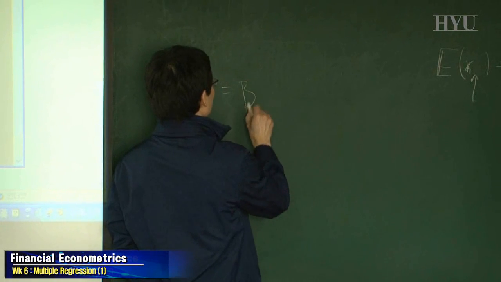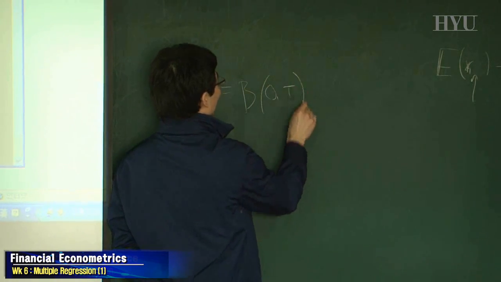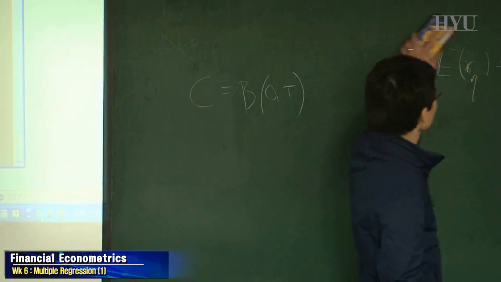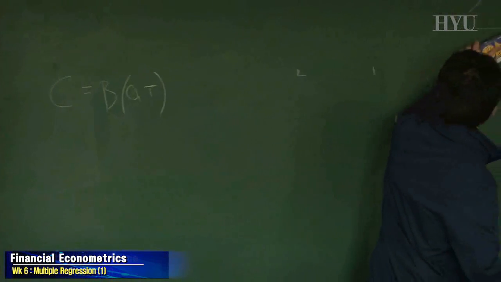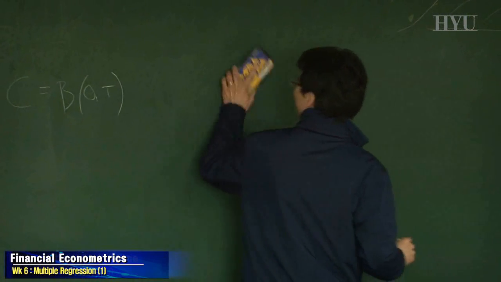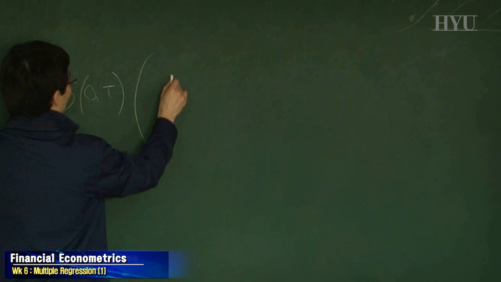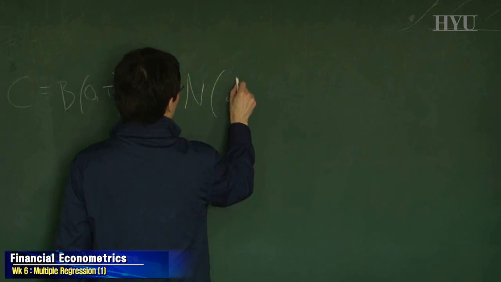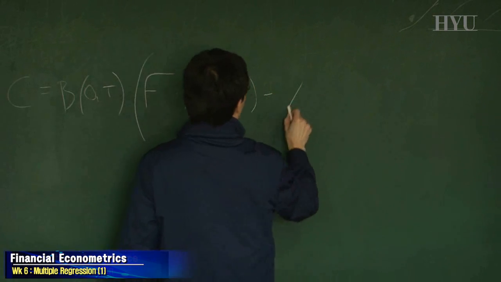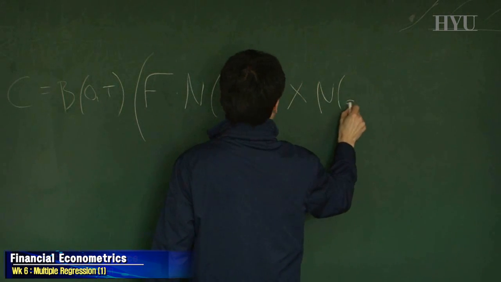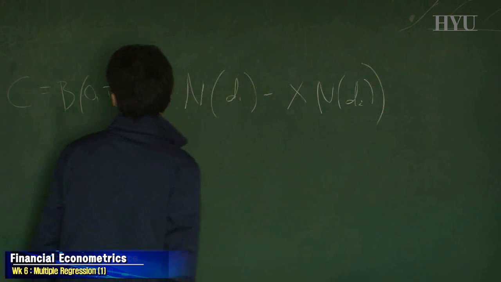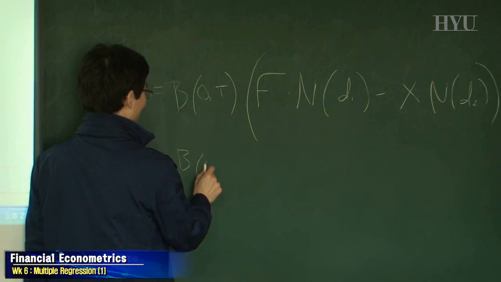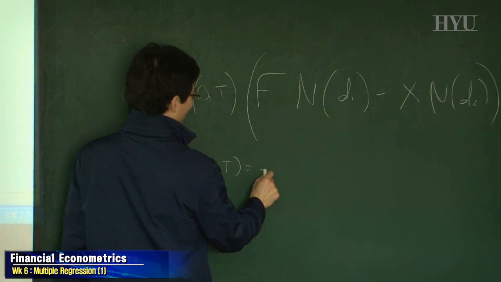Write down the bond price, which is a discount factor, F, N, d1, d2. B is the bond price.